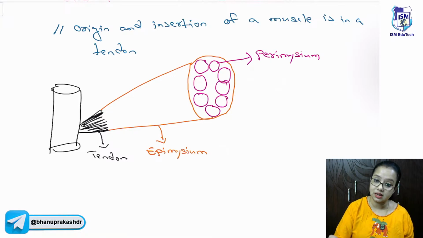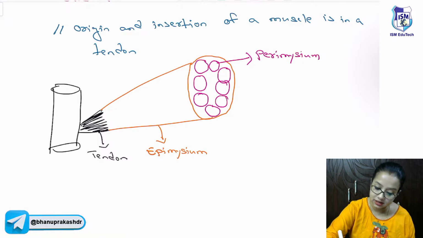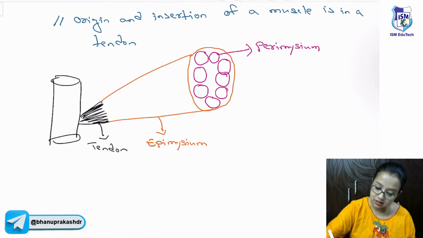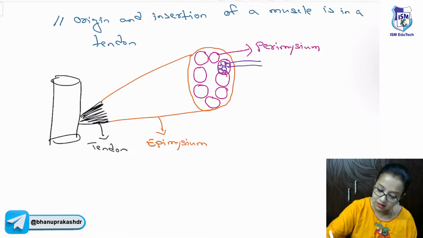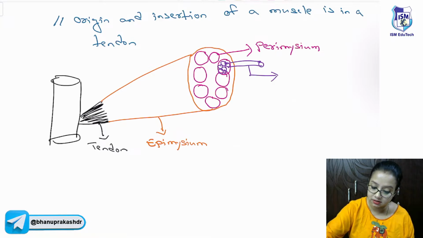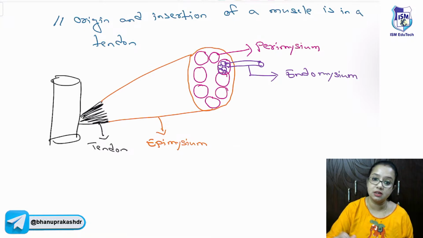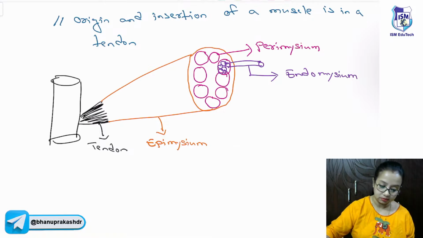And inside each bundle, which is the fascicle, lies each individual myofibril, which is enclosed by another layer of connective tissue, the endomysium. So this is the hierarchy of a skeletal muscle.